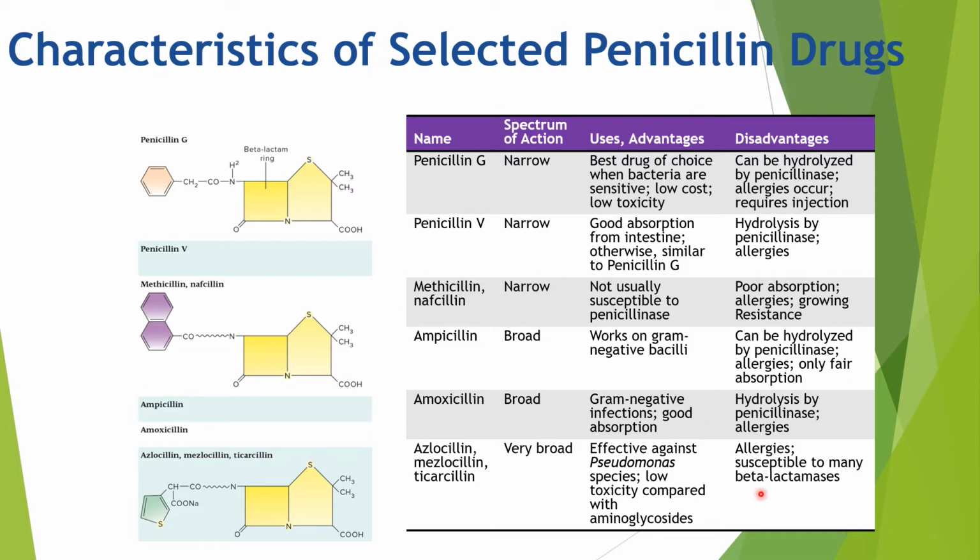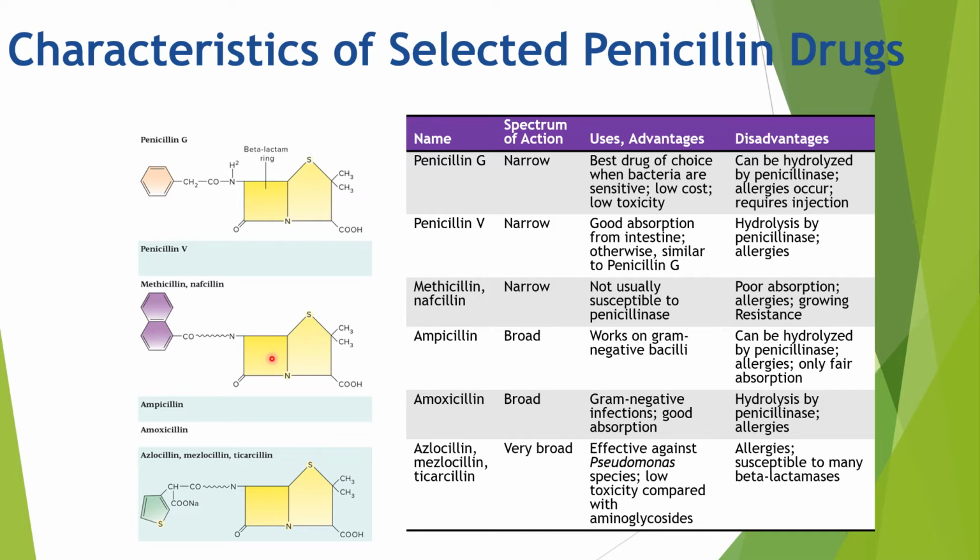Now there's actually another enzyme other than penicillinase. There's another one called beta-lactamase. So beta-lactamase is another enzyme that can also break down the beta-lactam ring.